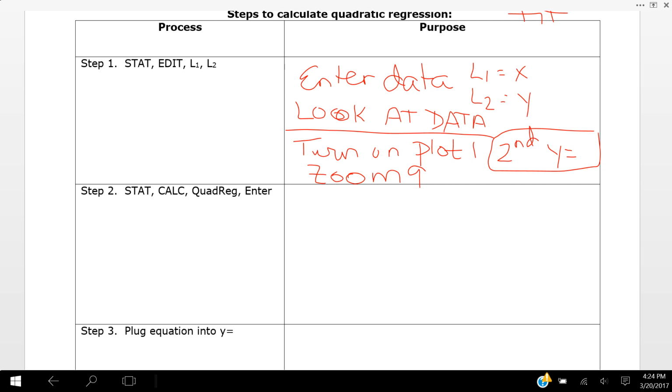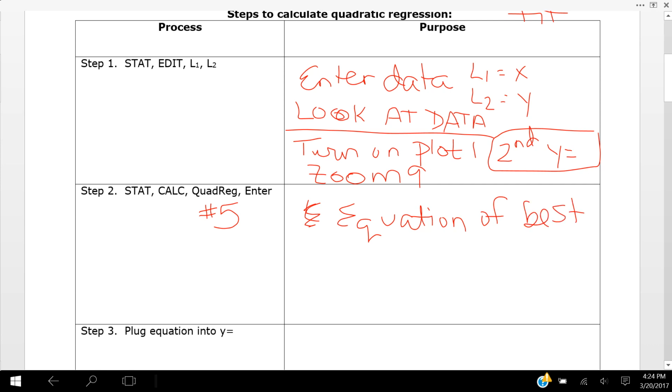After you look at it and go, oh, it's obviously a line, or it's obviously a parabola, then you're going to do your stat calc quad reg, which is number 5, and then you're going to do enter, and this is going to find the equation of best fit. Okay, and we plug it into y equals.